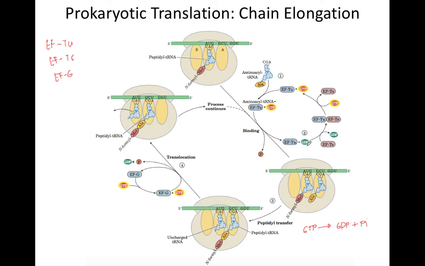It's GTP. So this is where EF-Ts comes in. Because what EF-Ts does is that it replaces GDP with GTP, so that once again we can get EF-Tu GTP ready for another tRNA to be brought to the A site.